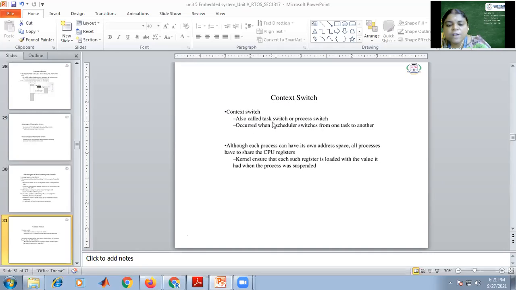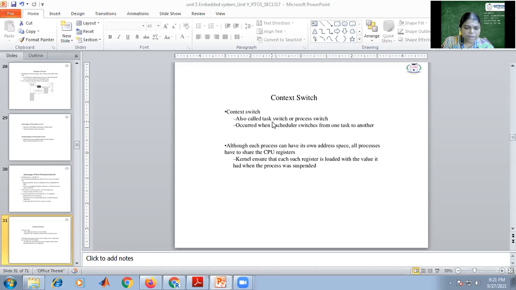So whenever the scheduler switches from one task to the other one, it may switch when the particular task is completed and it exits from the scheduler, or sometimes based on the priority level, some immediate task may require the usage of CPU.